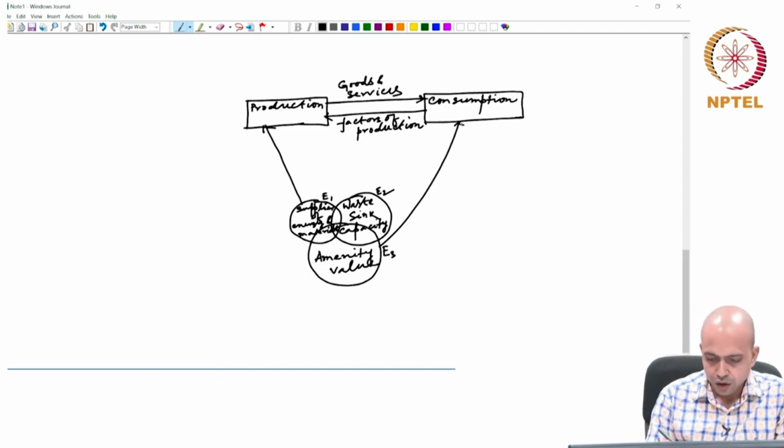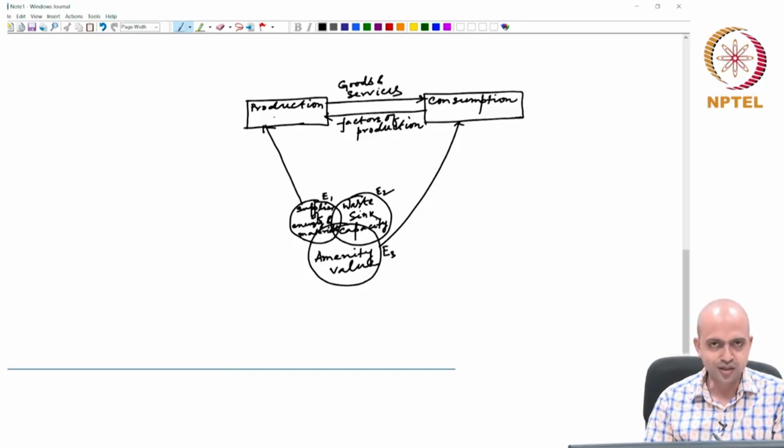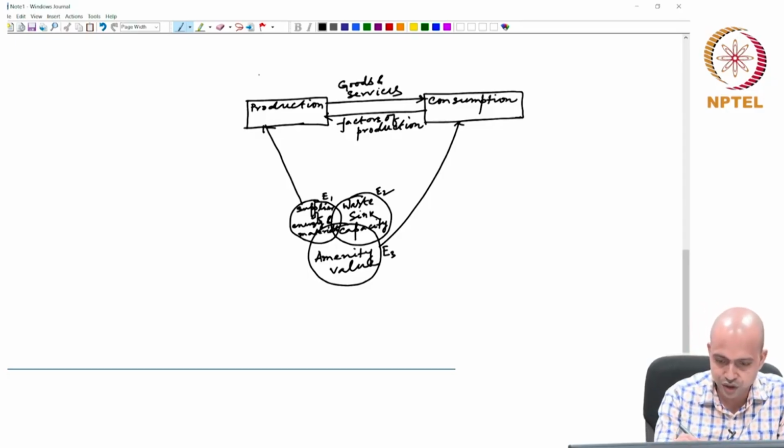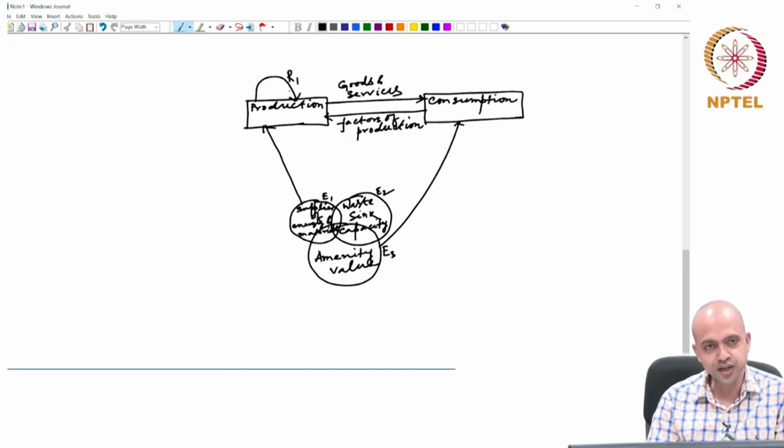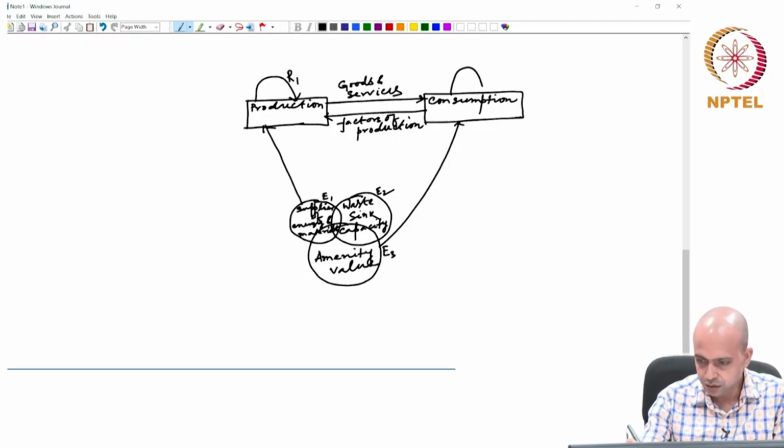And then whatever energy and material go to the production side, we use some amount of energy and materials in the process of production, and then we create garbage. Some amount of garbage is also recycled. This R1 indicates recycling. This is called R2.